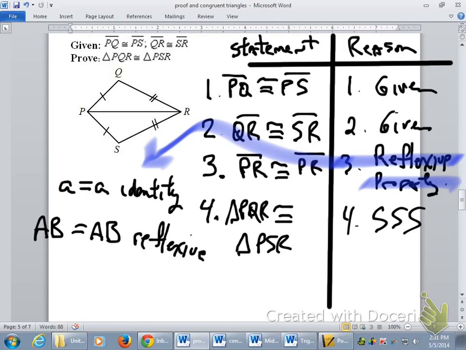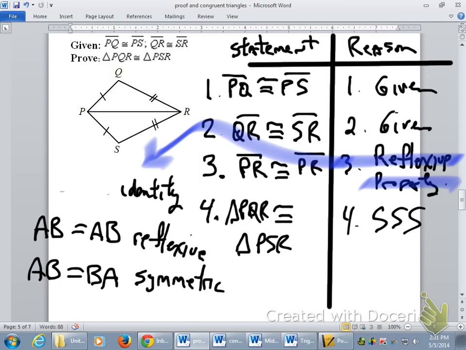But here's the big one. If you have AB equal to BA, that's called symmetric. Okay? Normally up here with the AA, it's normally not even A's, it's normally numbers like 5 equals 5.